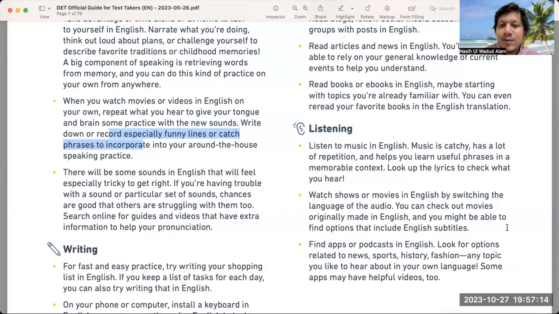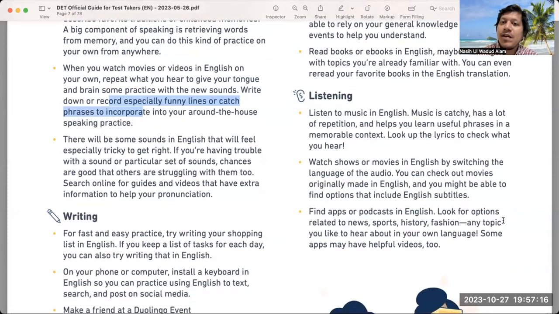You might want to do listening to music in English. If you enjoy that, you can go ahead and listen to music in English. Music is catchy, has a lot of repetition, like "I love you from the core of my heart," or "I love you more than I can say." Think about that song, it comes repetitively. So some songs, some words do come regularly.